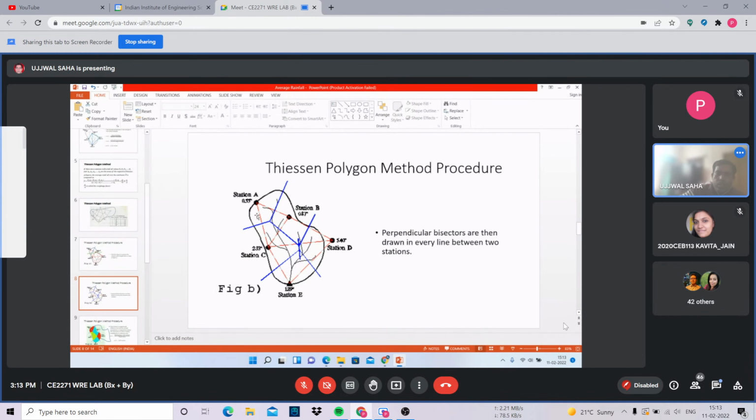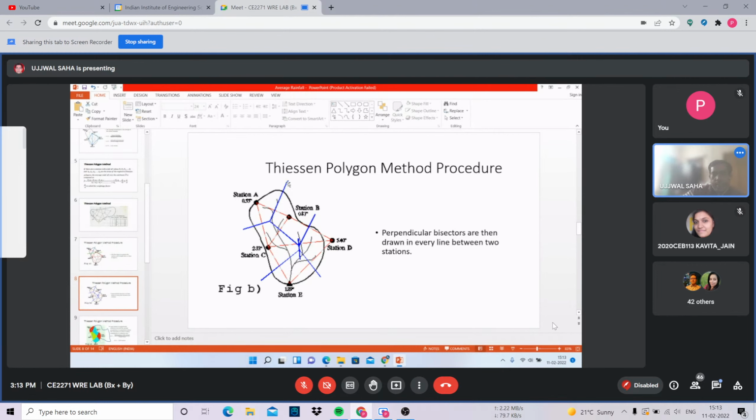Because this side is telling me it is closer to station C compared to station A, obviously it will be closer to station C.